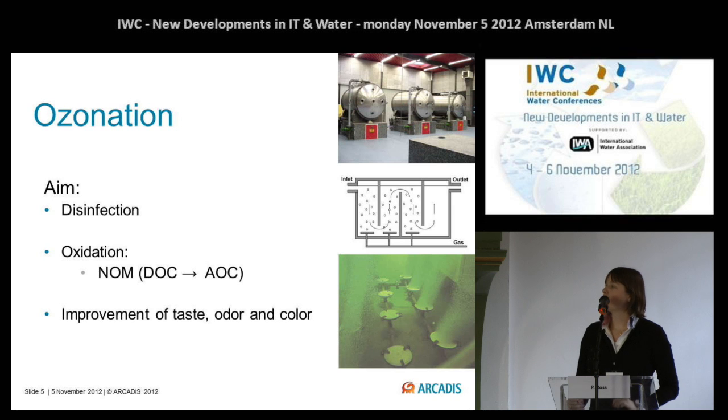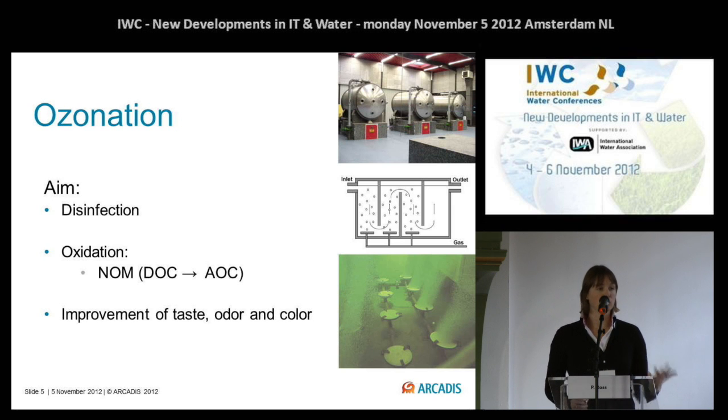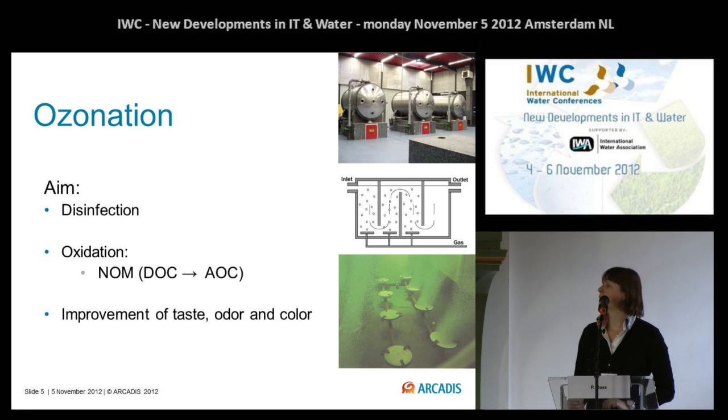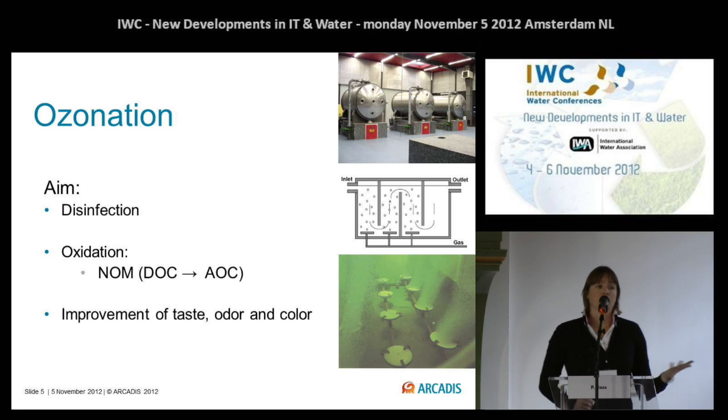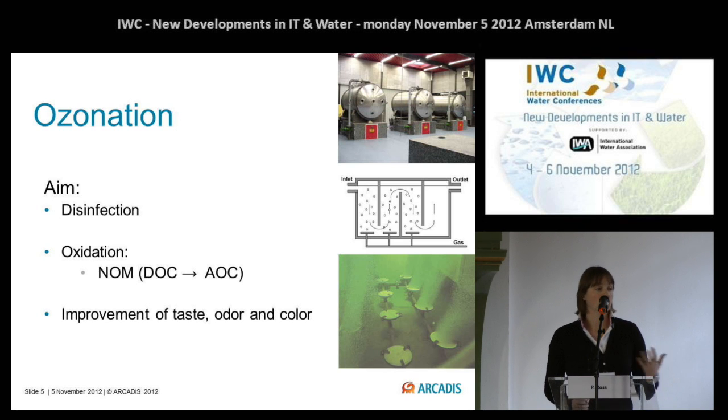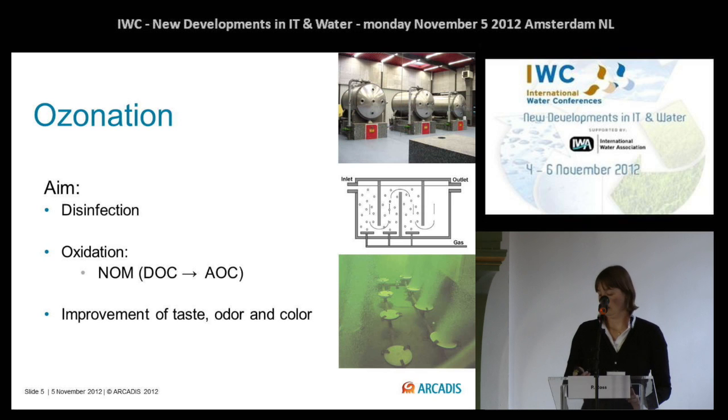This is a very important parameter to remove, because in the Netherlands we don't apply any final disinfection by means of chlorine. So we have to make sure that our water that goes into the distribution system is biologically stable. Therefore the AOC concentrations have to be below 10 micrograms per liter. And next to that, of course, a big aim of ozonation is the improvement of color, taste and odor products.